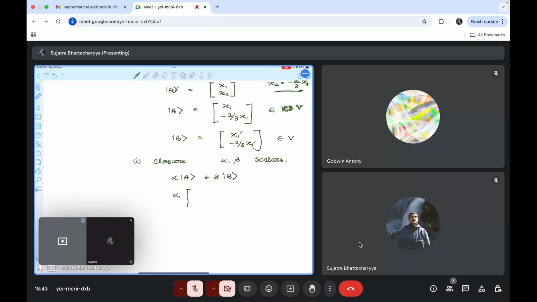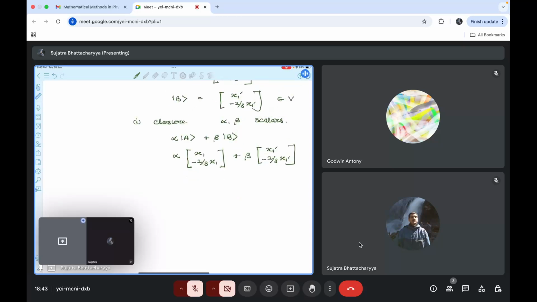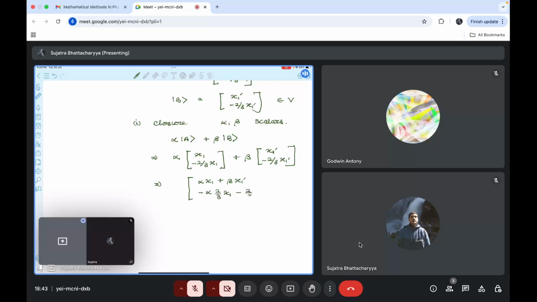Alpha times A is x1 and minus 2 by 3 x1, plus beta B, which is x1 dash and minus 2 by 3 x1 dash. All right. So if you do this, finally what you will get? The first element will be alpha x1 plus beta x1 dash. Right. The second will be minus 2 by 3 alpha x1 minus 2 by 3 beta x1 dash.